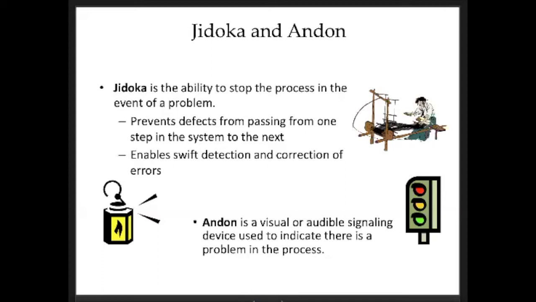So it's the ability of that worker to stop the assembly line, and then every worker will come to that spot where the line was stopped to see how it can be addressed.